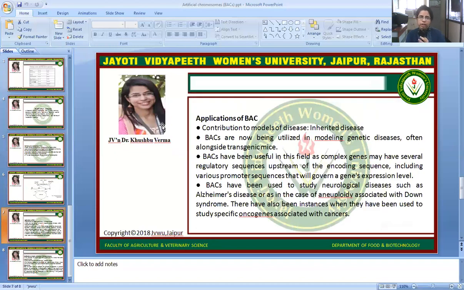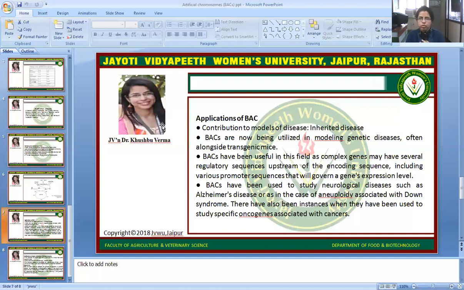If we talk about the applications of BAC, it contributes to modeling diseases such as inherited diseases. BACs are now being utilized in modeling genetic diseases, often alongside transgenic mice. BACs have been used in this field as a complex gene may have several regulatory sequences upstream of the encoding sequences, including various promoter sequences that govern gene expression level.